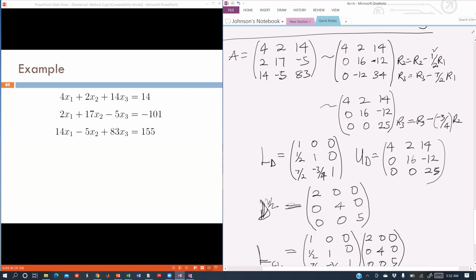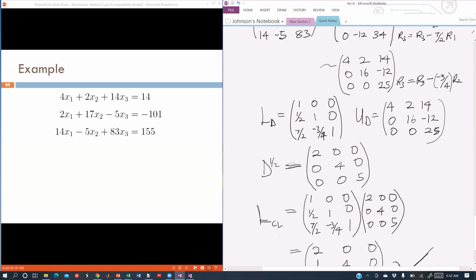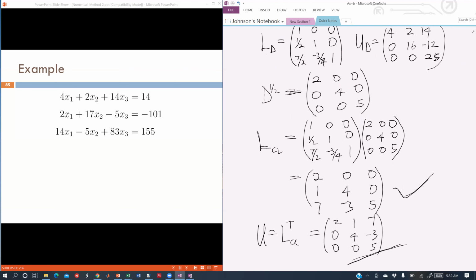Once you have it, you multiply L, the L of the Doolittle, by the D exponent half matrix, and you get the Cholesky L, which can be transposed to produce the Cholesky upper triangular matrix.